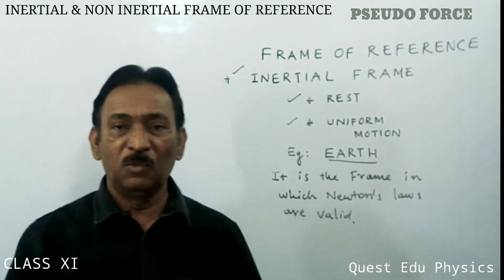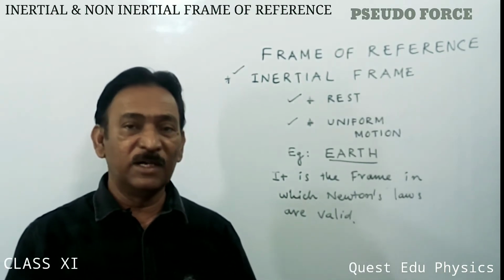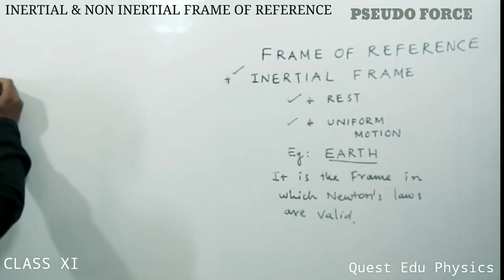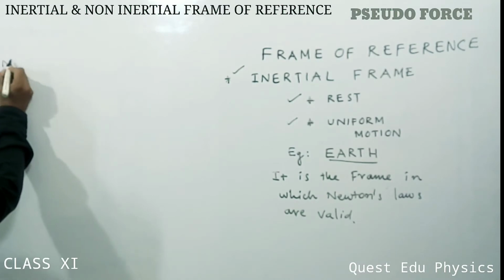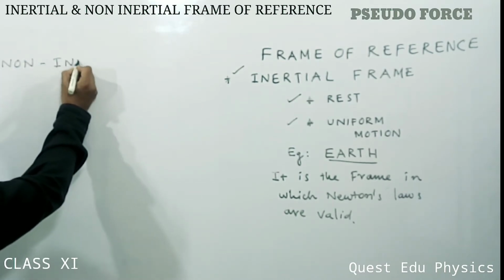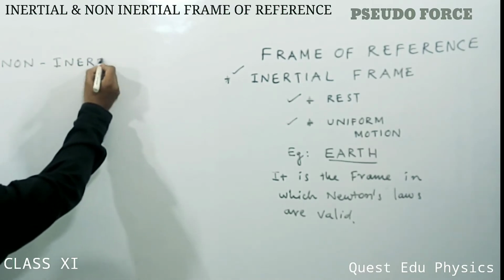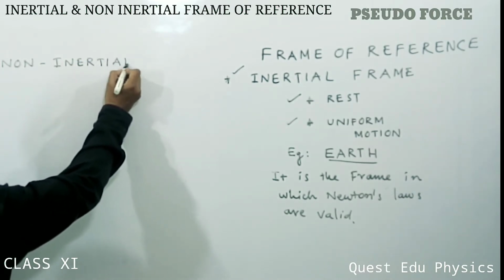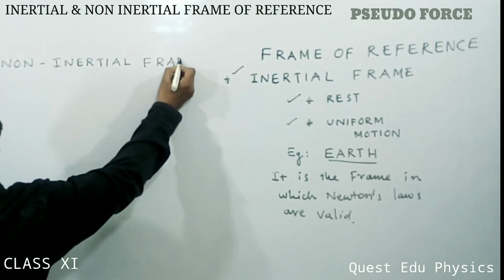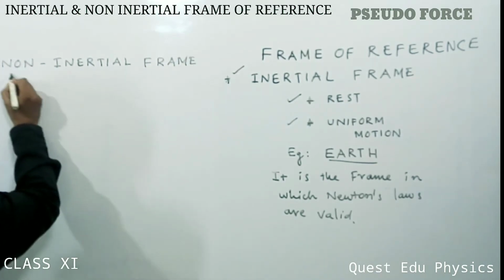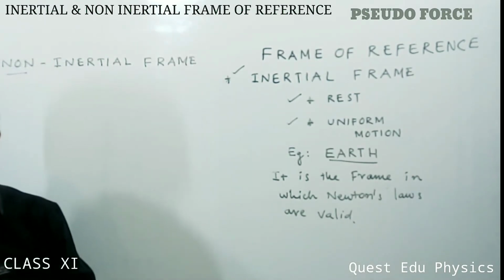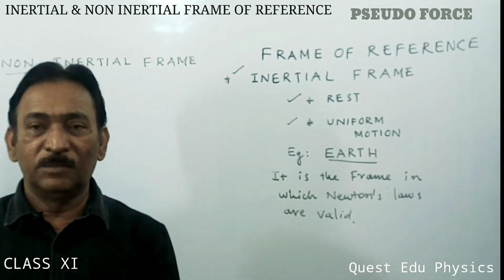Then after, we have to know what the non-inertial frame of reference is. Students, it is the frame in which the Newton laws are invalid.